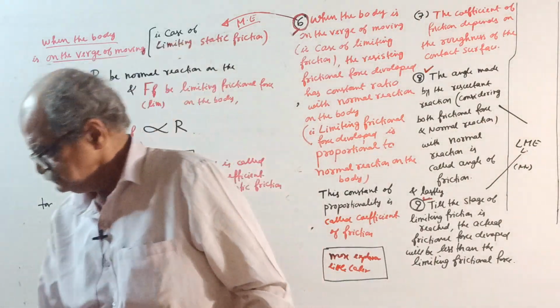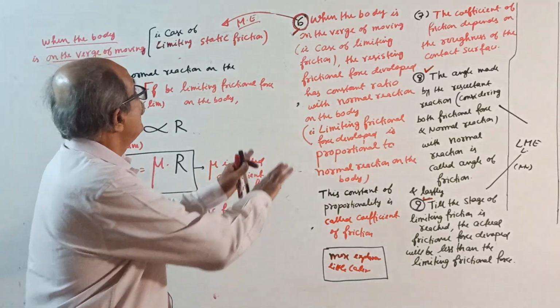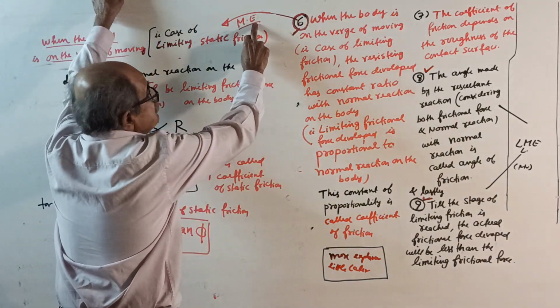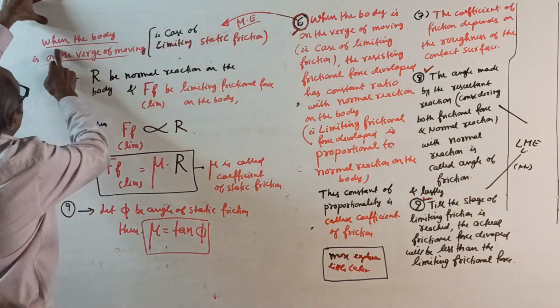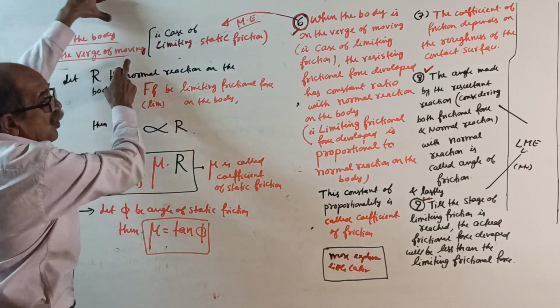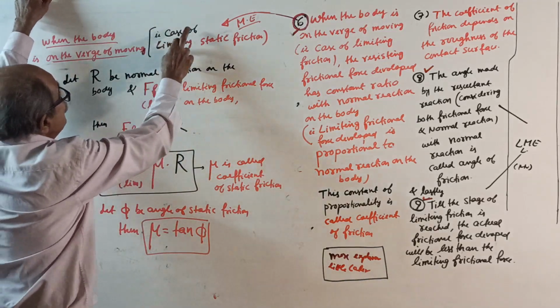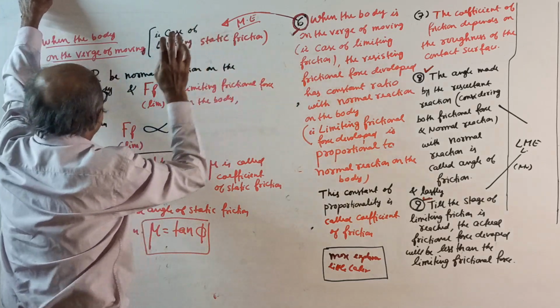All I finished, this I have not removed. For the sixth one, ME means more explanation. When the body is on the verge of moving, that is the case of limiting static friction.